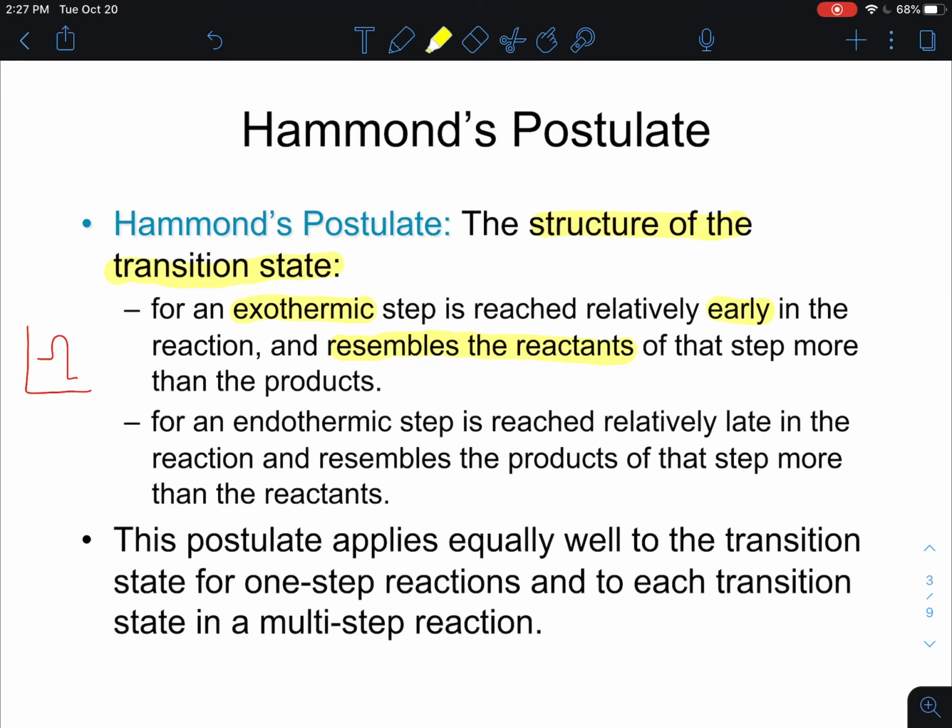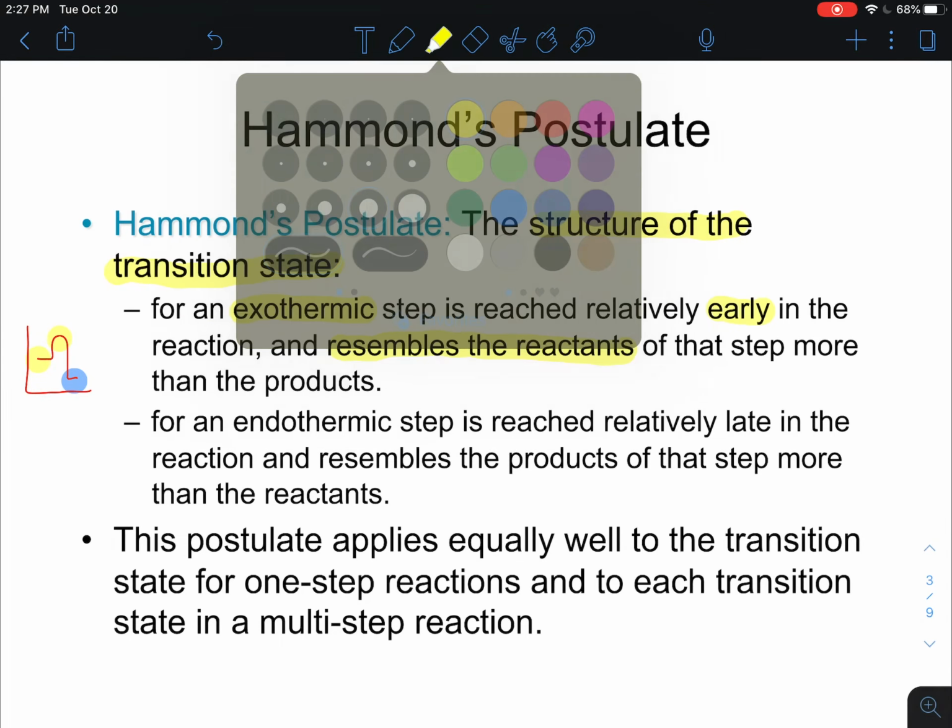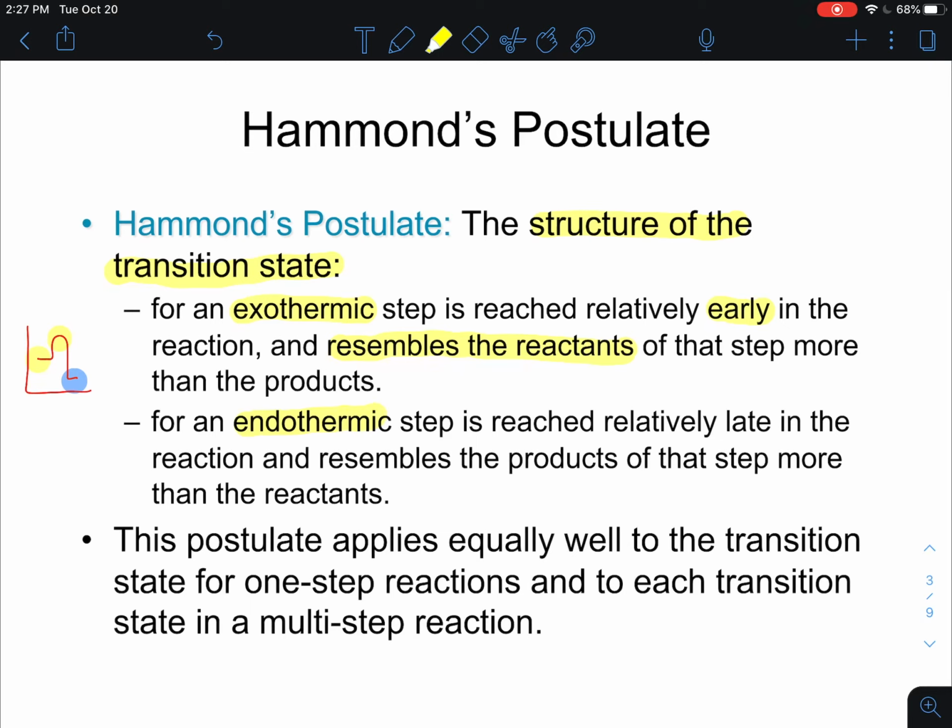And so really what this is saying, and we'll elaborate on this on the next slide, is if the reaction is exothermic, the energetics of reactant and transition state are going to be closer together than the energetics of product and transition state. So then it comes back to the other side of this to talk about what's going to happen in an endothermic step.